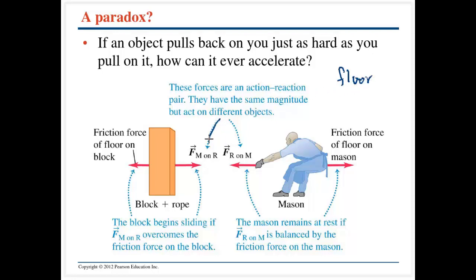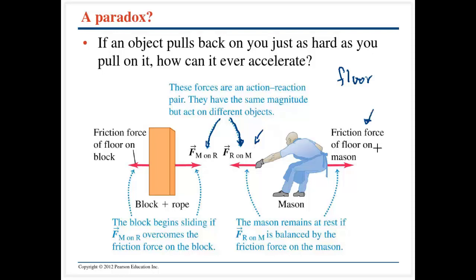Now we know that the force of the mason on the rope and the force of the rope on the mason are action-reaction pairs, and essentially the mason is not going to move as long as this force of the rope on the mason is equal to the friction force on the floor.